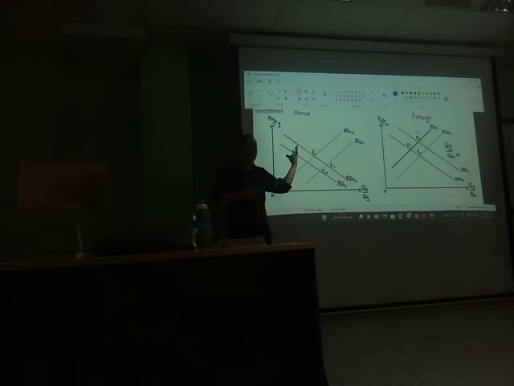X is an imported good to foreign, but the tariff made good X in foreign more expensive. And relatively, that also makes good Y become relatively cheaper at home, and X relatively more expensive at home. So the consequence is the relative demand curve will shift further down, further to the left side.